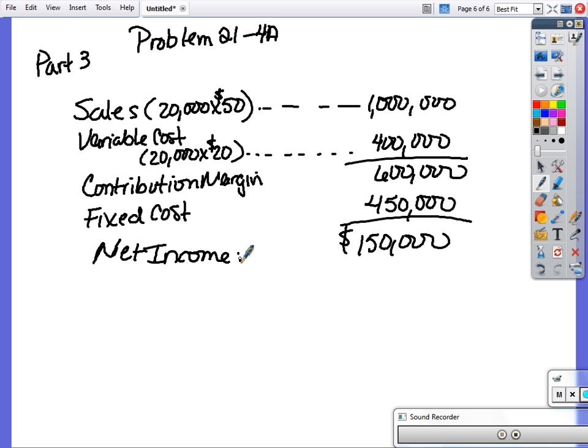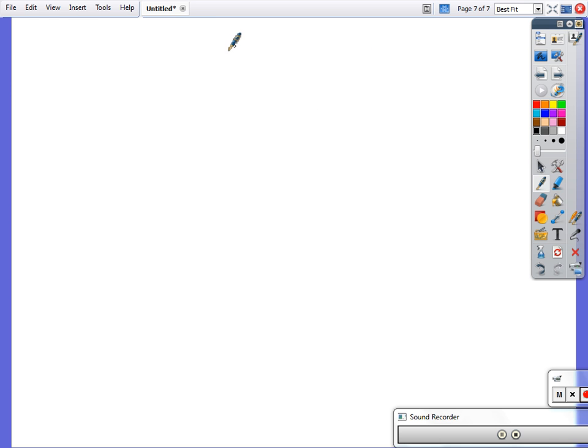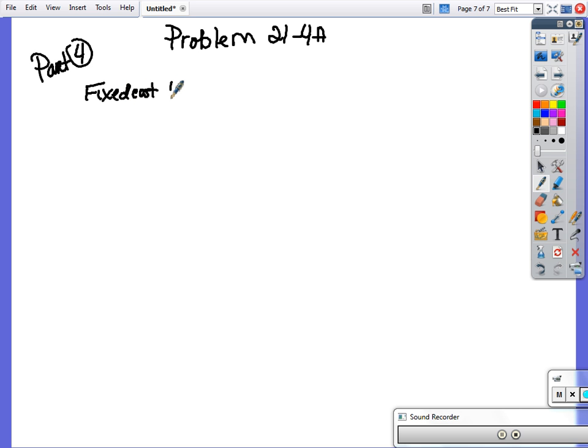First, we need to find out what are the required sales in dollars. What's the equation for that? Fixed cost plus target pre-tax income, divided by contribution margin ratio.